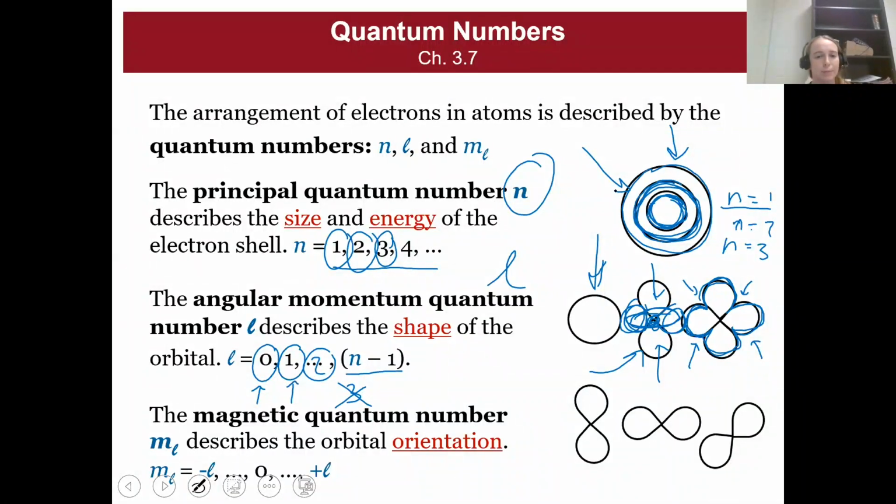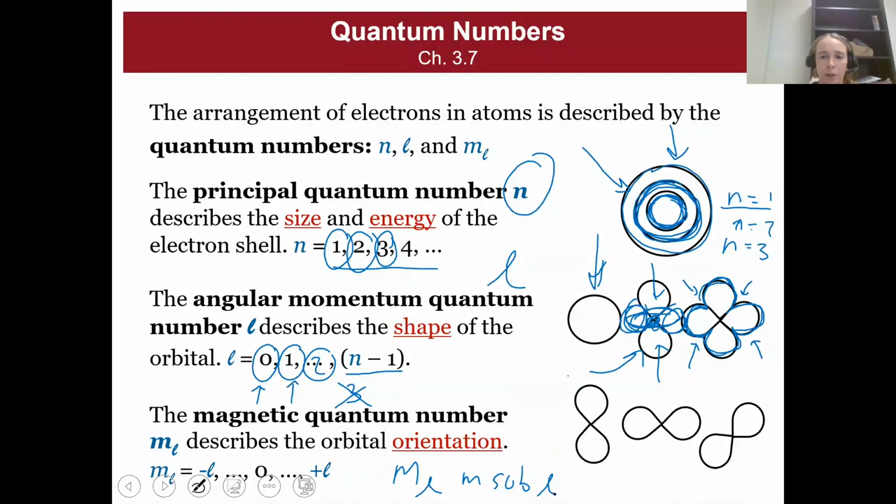And finally, there's the magnetic quantum number, m sub L. When something is subscript, so we have m and then a little l subscript, I'm going to call that m sub L from now on. So m sub L describes the orbital's orientation.